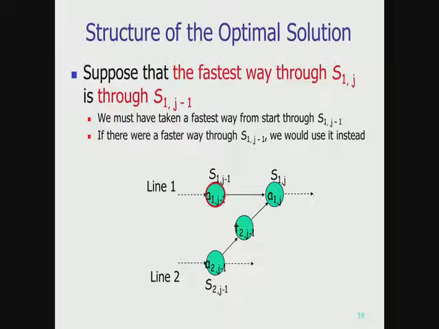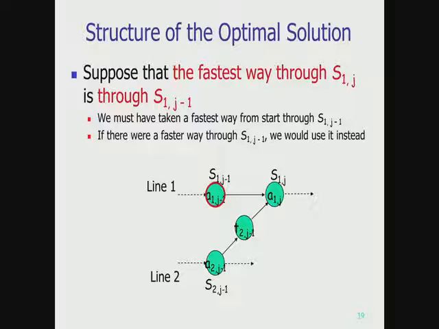In other words, if we consider all the paths that go from the start to exit which go through S1J, and among these, if we consider the path which is the fastest, and let us say that such a shortest path or such a fastest path indeed goes through S1J minus 1, then it is also clear that such a path must have taken the fastest way from start through S1J minus 1.